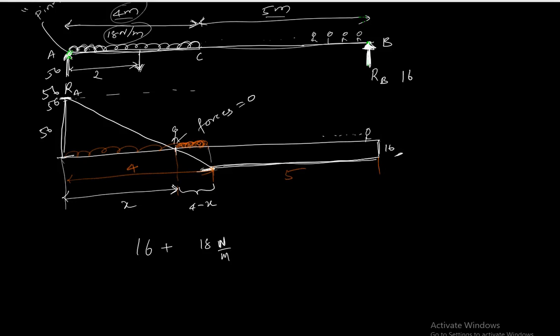For every meter we have 18 newtons. So if we multiply this by this length, then we get the weight of that portion. Okay, and how much is that distance? It is 4 minus x.